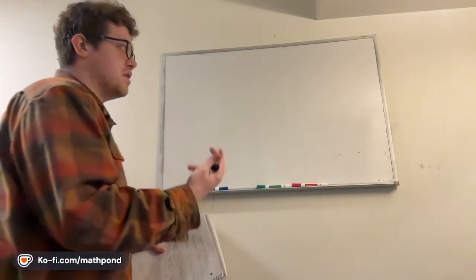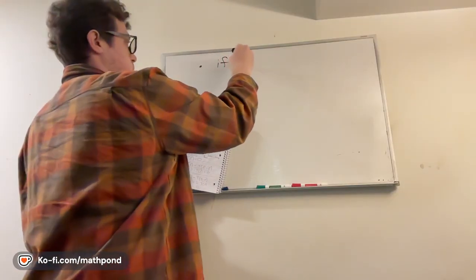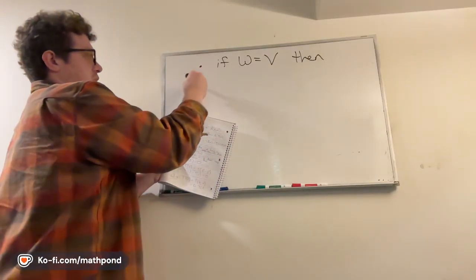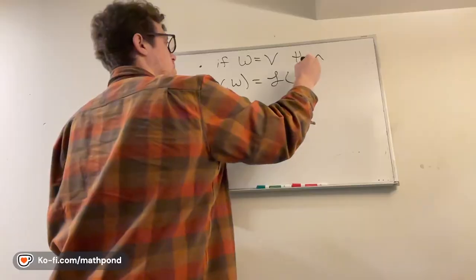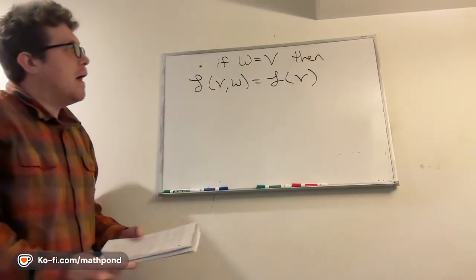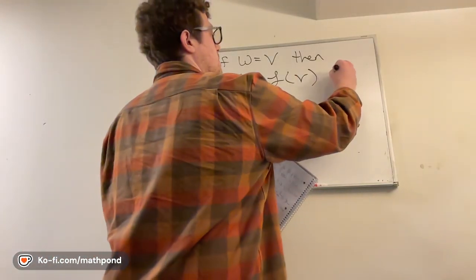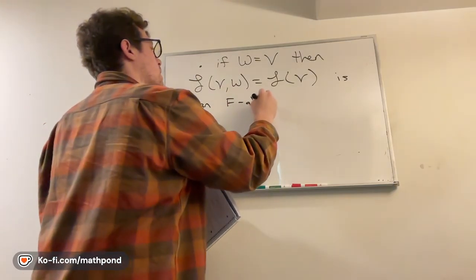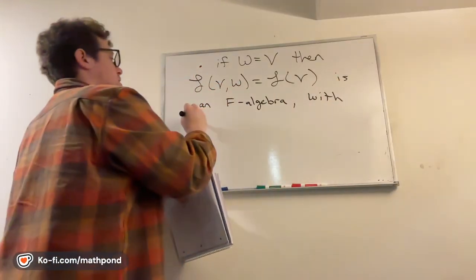So if the domain and the codomain are the same, if W equals V, then we'll usually write this, and then it is an F algebra with multiplication.